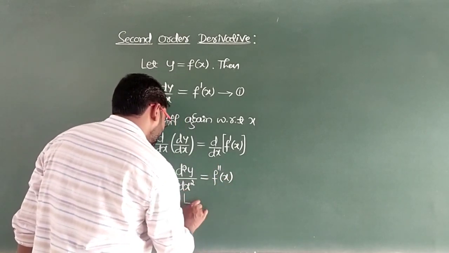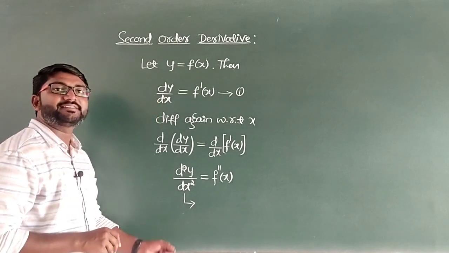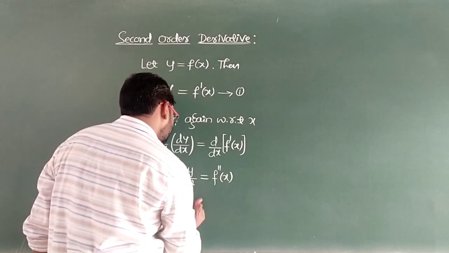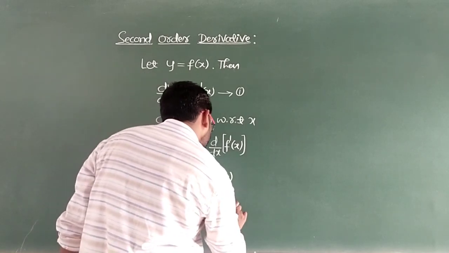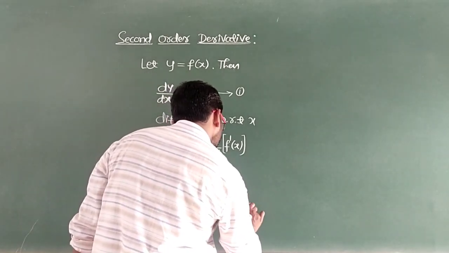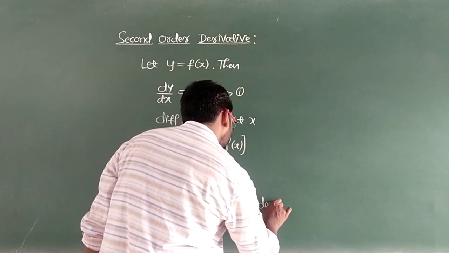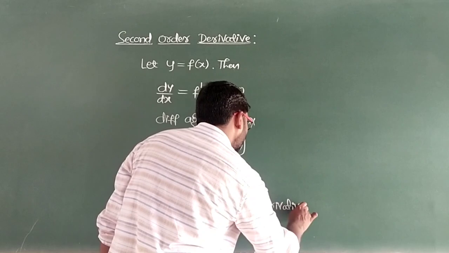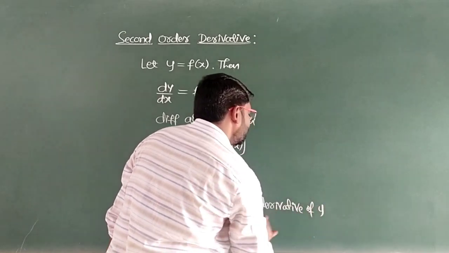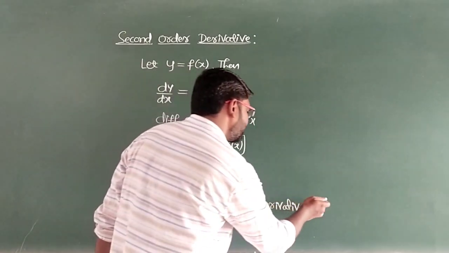So here d square y by dx square indicates the second order derivative of y with respect to x.